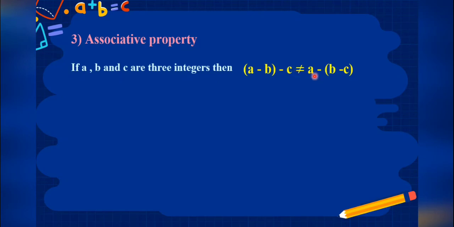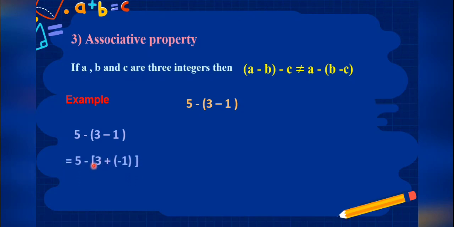Let's see an example: 5 minus 3 minus 1. If I group 3 minus 1 in one bracket, I know that 3 minus 1 is the same as 3 plus negative 1. 3 plus negative 1 is 2. So 5 minus 2 equals 3.